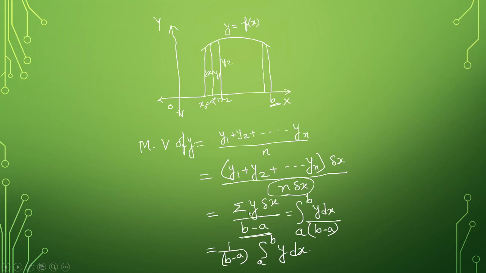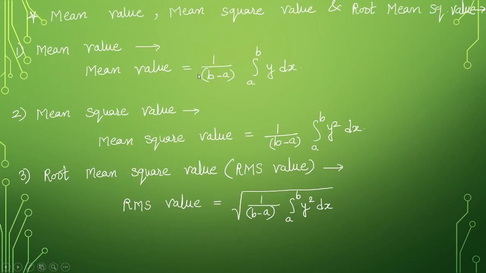Then we get the summation of y delta x upon n delta x, that means from a to b, therefore b minus a, and we write this in the form of the integration of y dx from a to b. This gives the area from a to b. And here 1 upon b minus a we take outside as a constant term, and this is the formula for mean value. Therefore, this is the mean value formula.